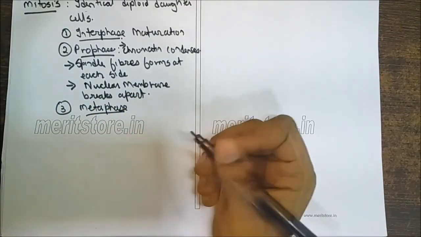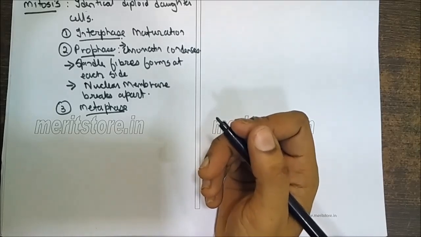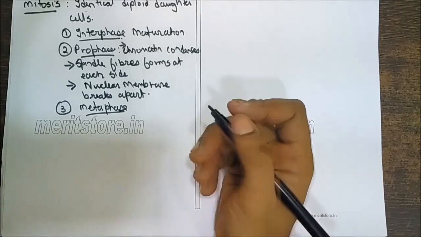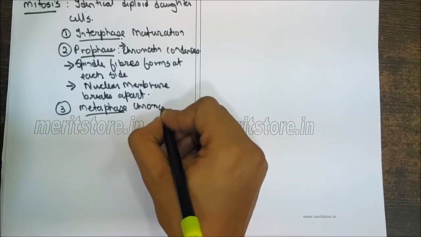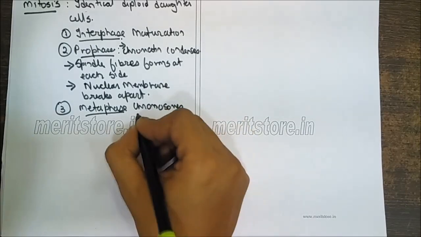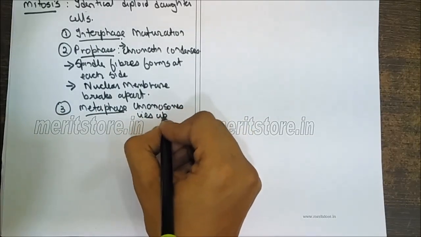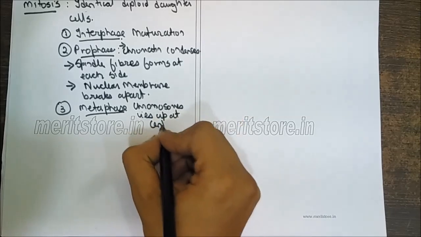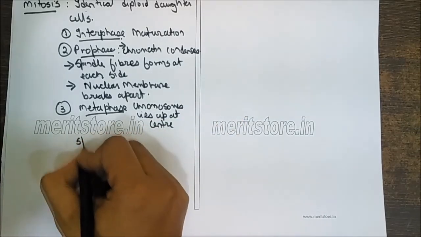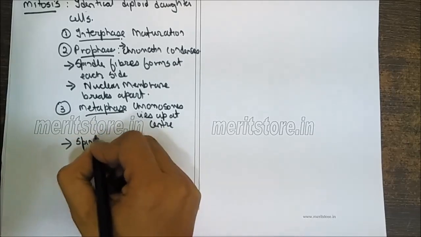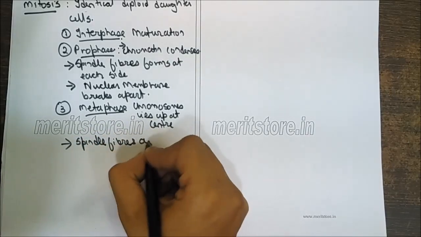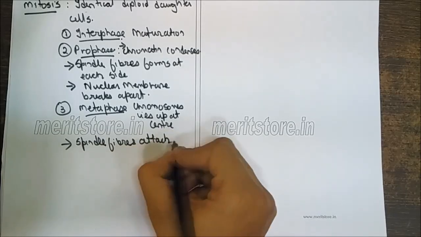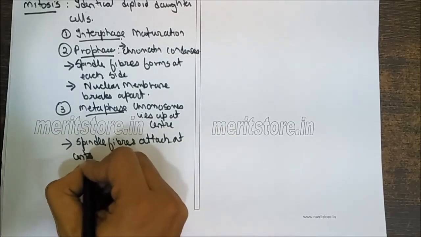In metaphase, the chromosomes line up at the center of the cell and the spindle fibers attach to each chromosome at the centromere.